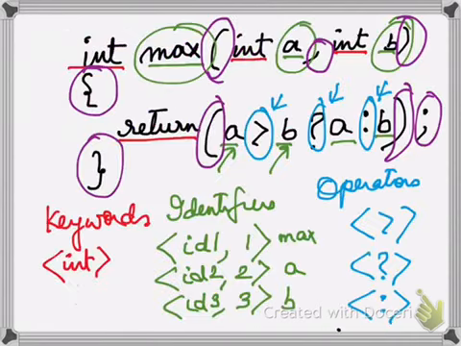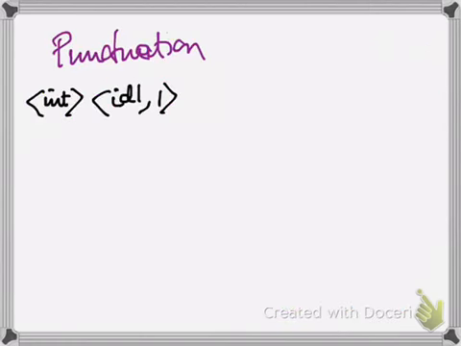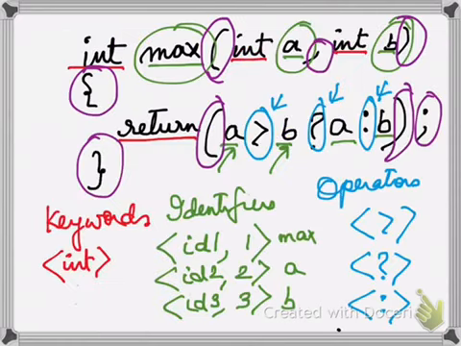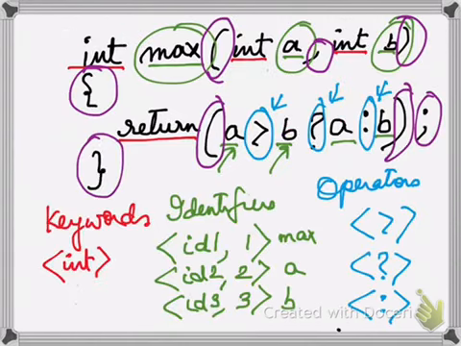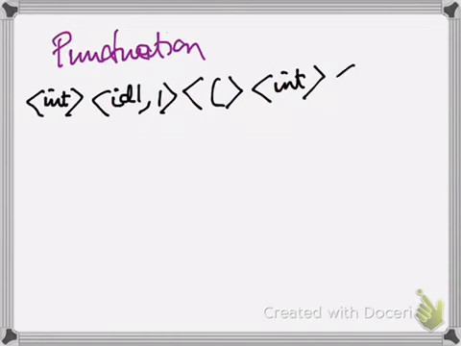Then punctuation, starting parenthesis, so one token. Then I have int, which is again a keyword. Then again identifier a, so ID 2 and say location 2. This may be different, I am just writing 1, 2.